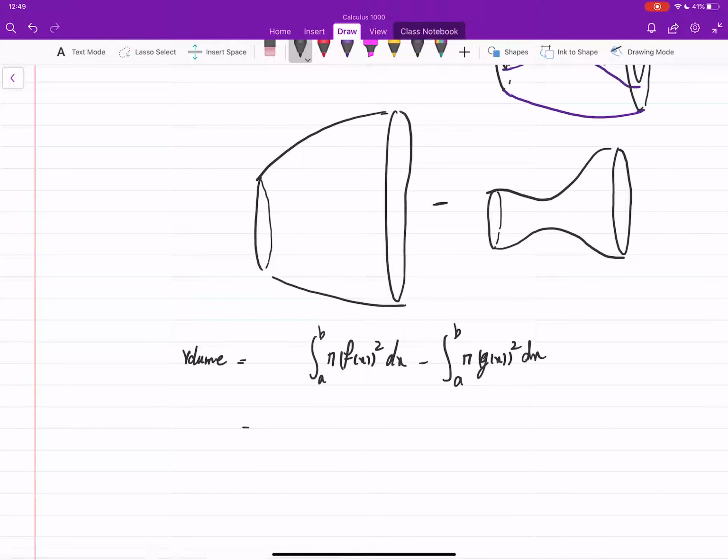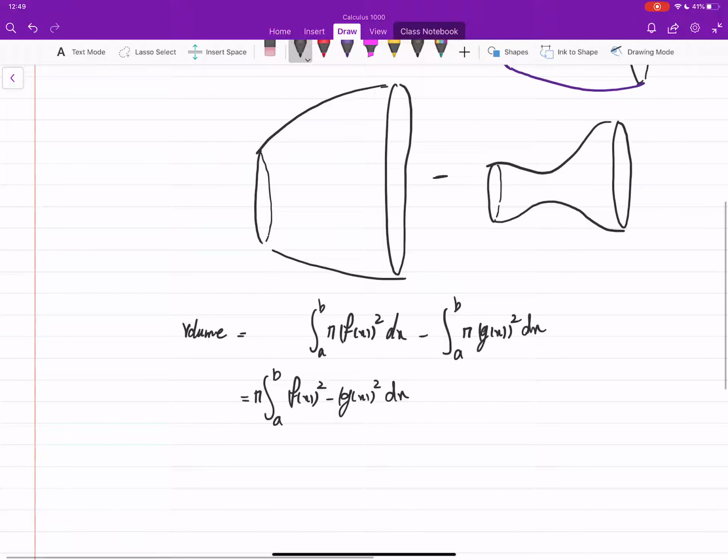And if you put them together, you will see that there's one integral of f of x squared minus g of x squared dx, integrated from a to b, and then multiplied by pi.